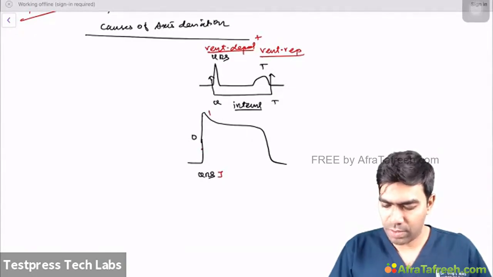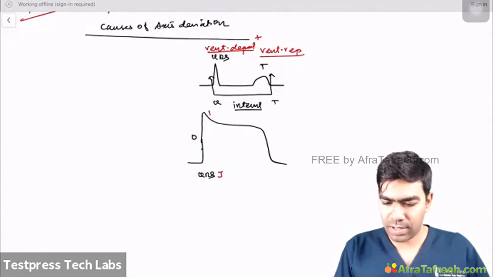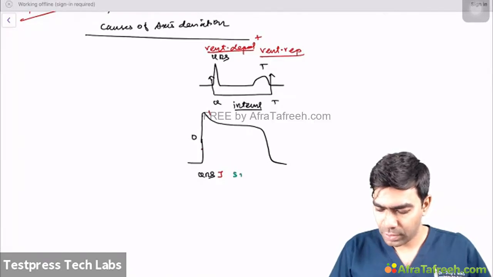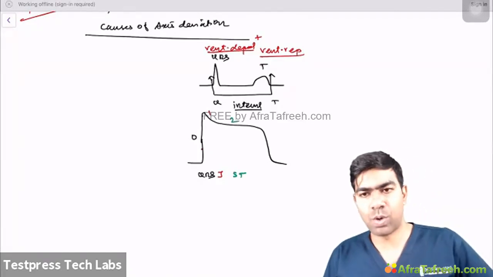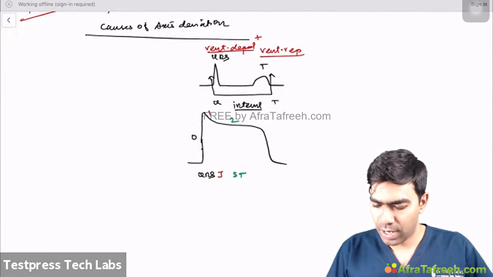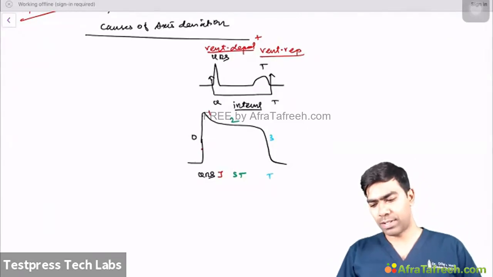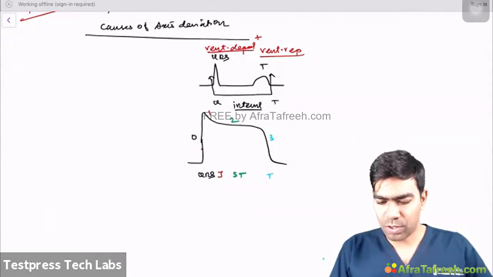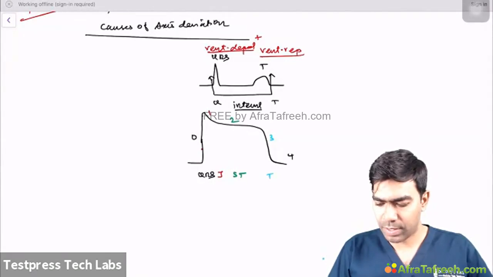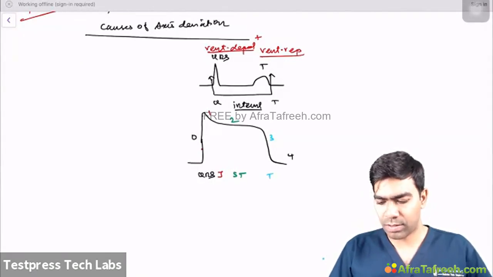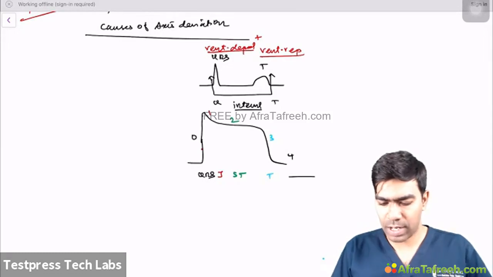Then you have the ST segment that is going to correlate with phase 2 of the action potential. Then phase 3 is going to correlate with the T wave. That's a repolarization phase. And phase 4 is going to correlate with the isoelectric segment, that is the TP segment. We know that, so we don't worry about that right now.